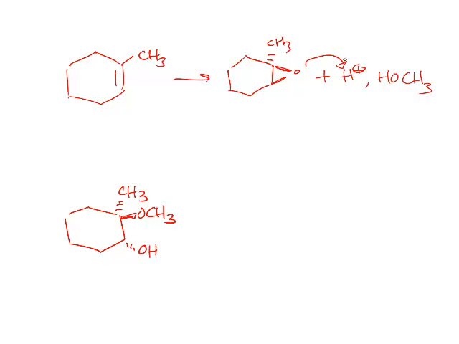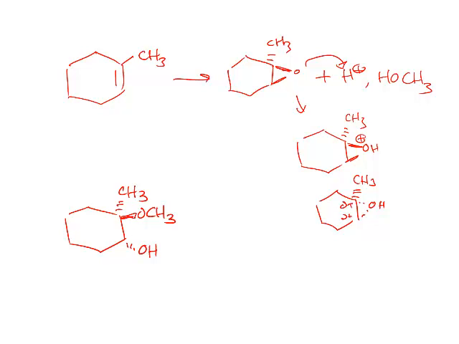So let me write the H plus there. I'm going to go ahead and protonate the epoxide. If I protonate the epoxide, I'm going to have my plus charge, and we know that's going to transfer the positive charge, so I end up with partial bonds to the oxygens, and my delta plus is there. But the OH is still on top.